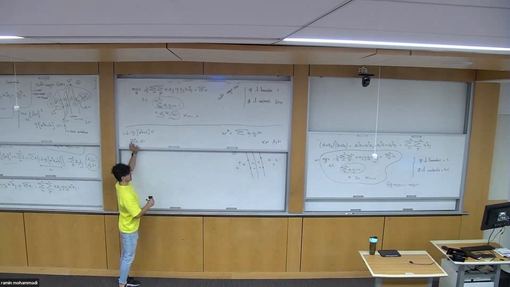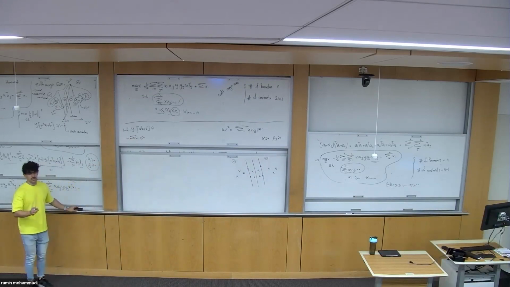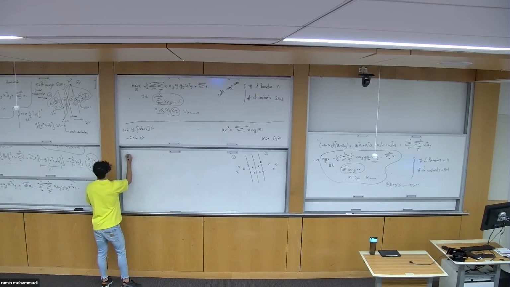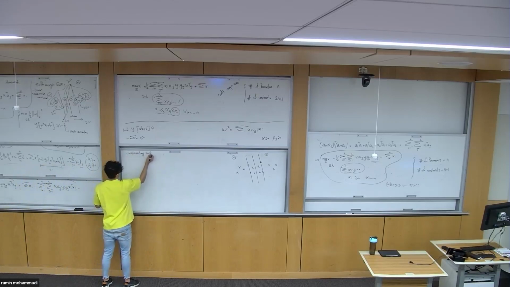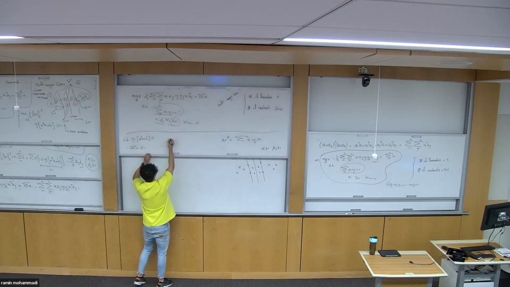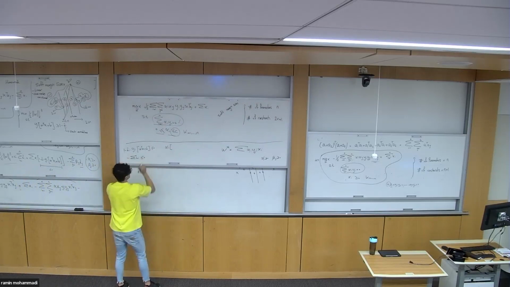Now the important one, the last one, was complementary slackness. Again, what does it tell you? Lagrange multiplier times constraint equals 0. So complementary slackness tells you two things. One is, I'm going to write the original here: alpha i times this should be 0.